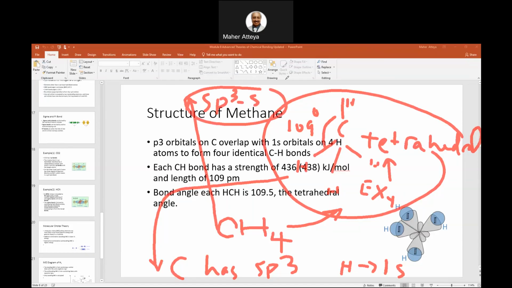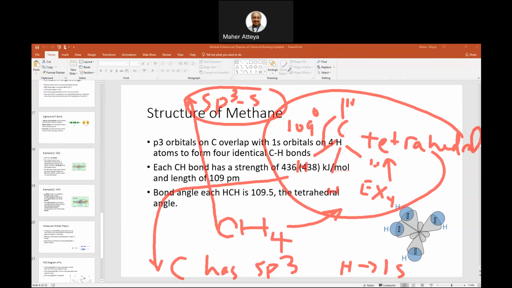It started with Lewis. Lewis has some problems explaining the whole theory of hybridization. However, it comes back to his contribution, because if I know it's tetrahedral, it has to be sp3 on the central atom, correct? And the terminal atom will contribute whatever valence electrons it has.